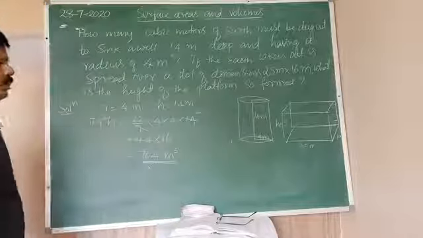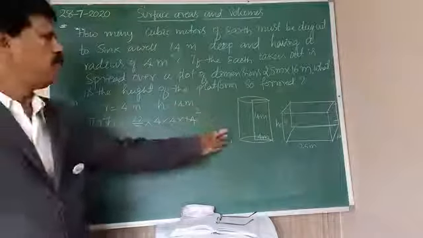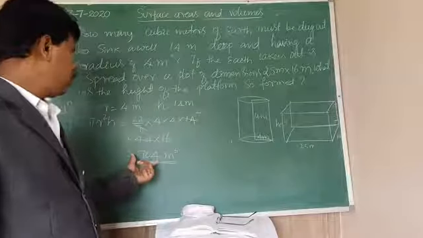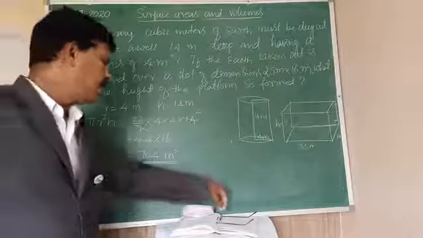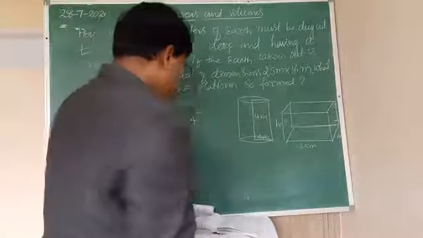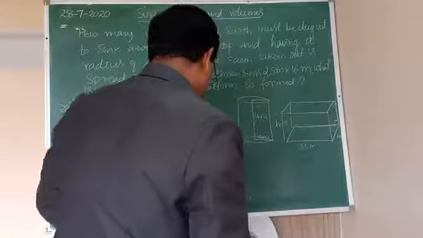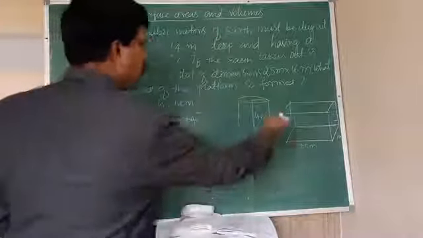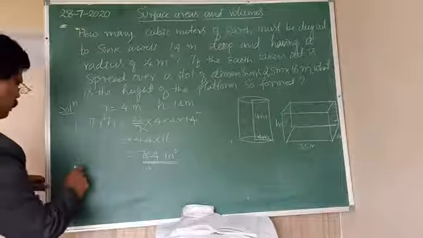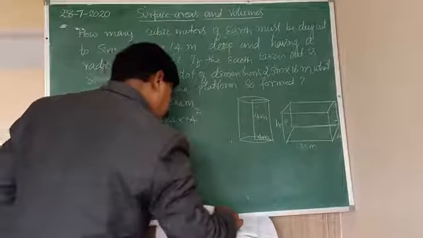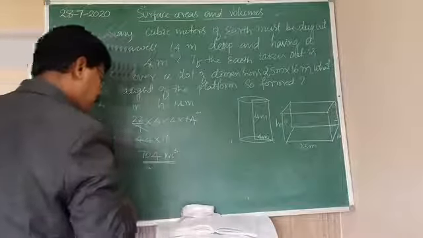So, what is the earth which is removed from this well? That is equal to 704 cubic meter. Now, this cubic meter, then you should take the dimension, second part. Dimension of the area of the given plot.